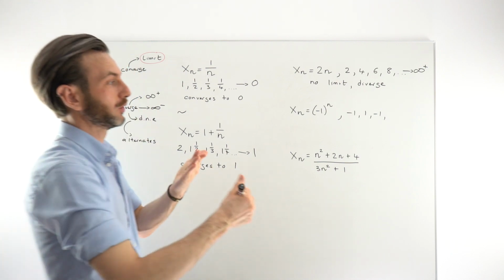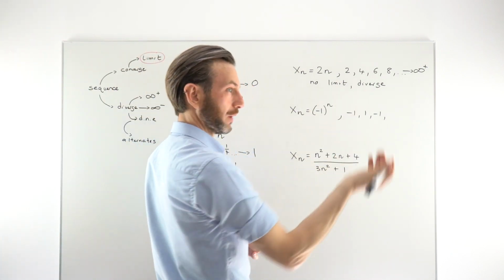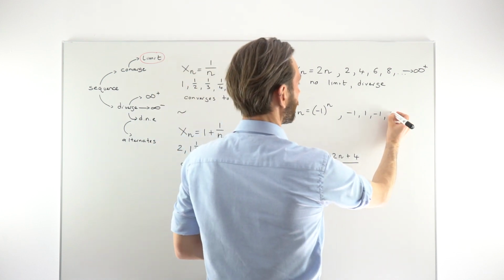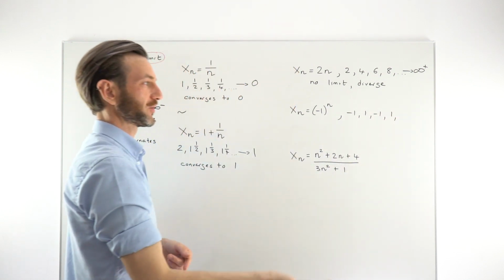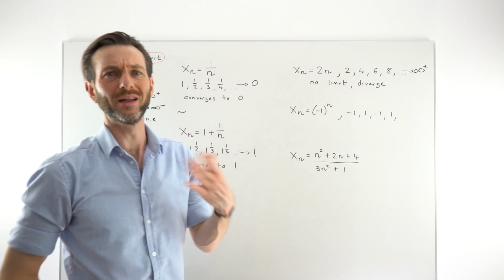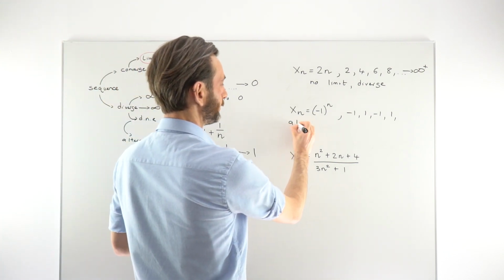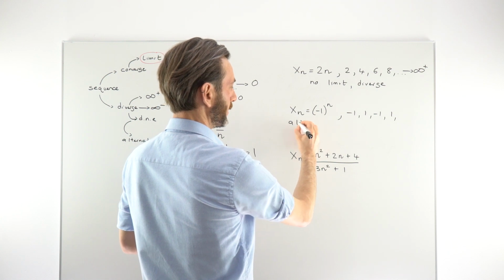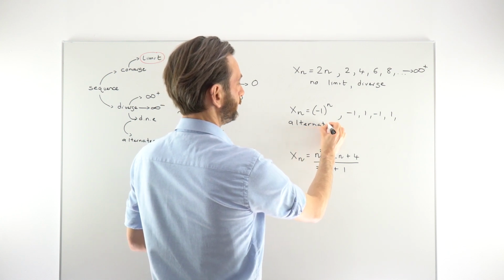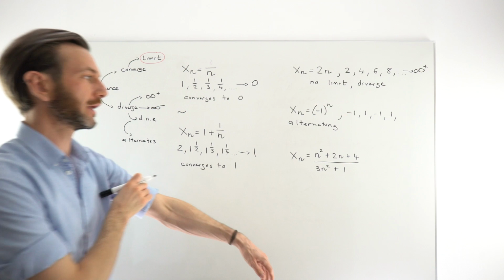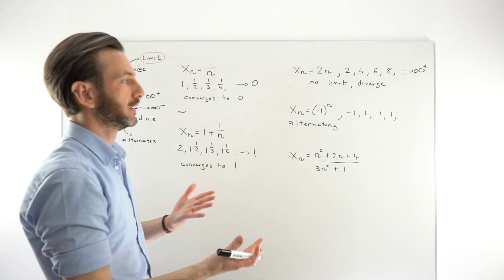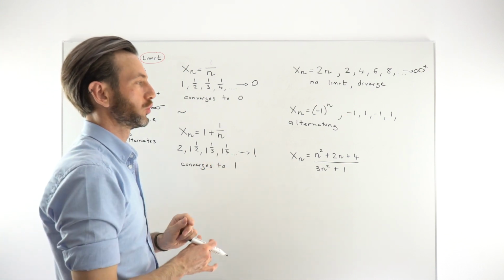So when you land on a negative and you multiply that by minus 1, you go back to a positive 1. And if you land on a positive and multiply that by minus 1, you go back to a negative. So this is an example of an alternating sequence, sorry, not a series. And an alternating sequence, by definition, cannot converge to any limit.